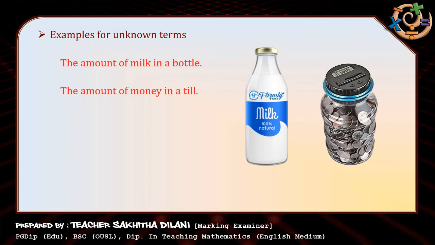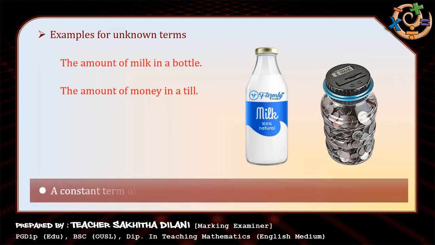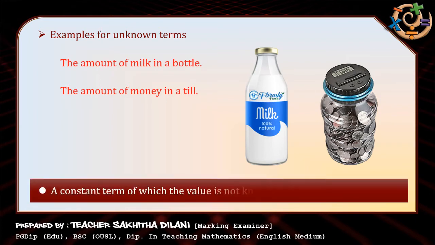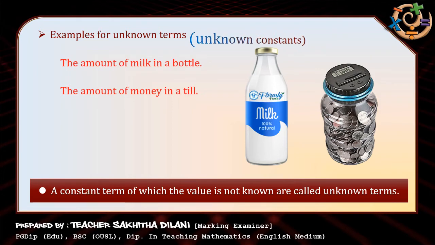But it is a constant value which is not known. Hence, it is also considered an unknown term. A constant term of which the value is not known is called an unknown term. Unknown terms are also called unknown constants.